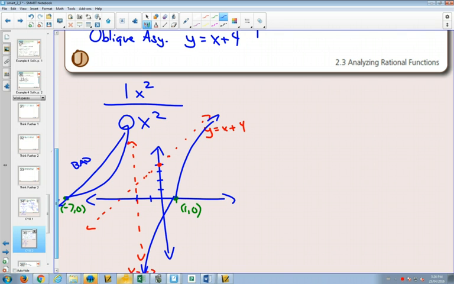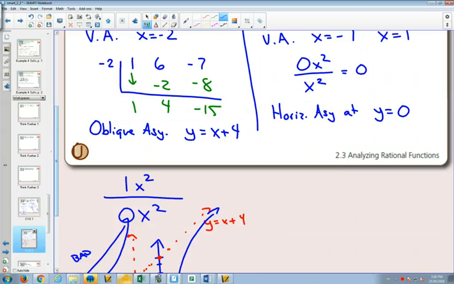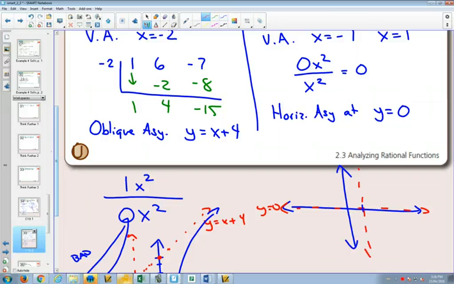For this second graph over here, again, you would start with your asymptotes. This one has one at y equals 0, and the vertical asymptote at x equals 1. Plug in some values a little bit bigger than 1, a little bit smaller than 1.